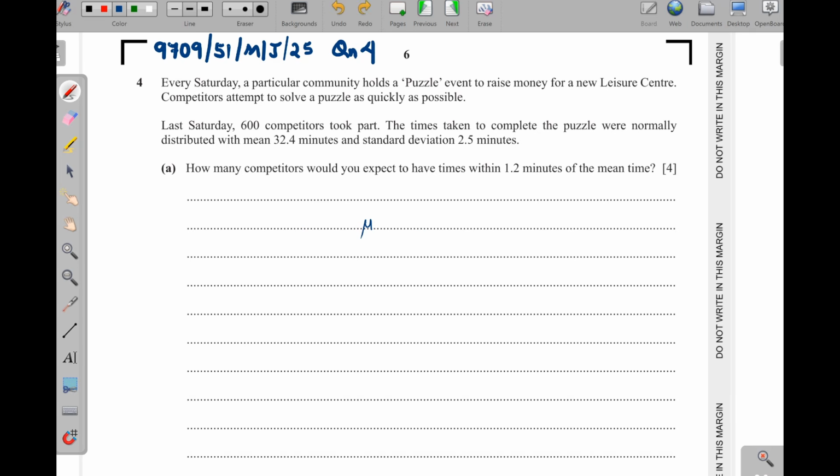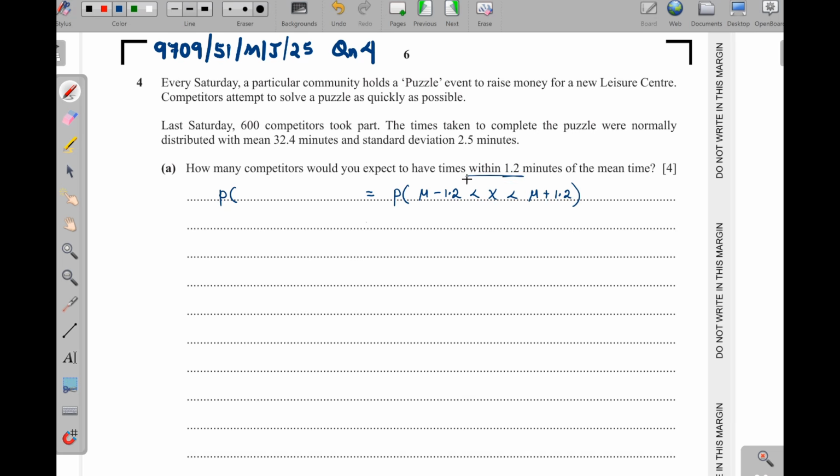Now, what we do here, I can write this as, we have our mu, and then we can subtract a 1.2. Then x, then we can have that mu. We also put a 1.2.